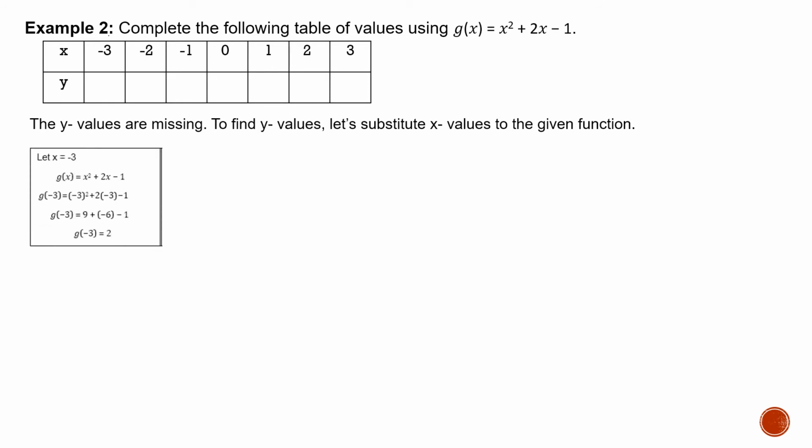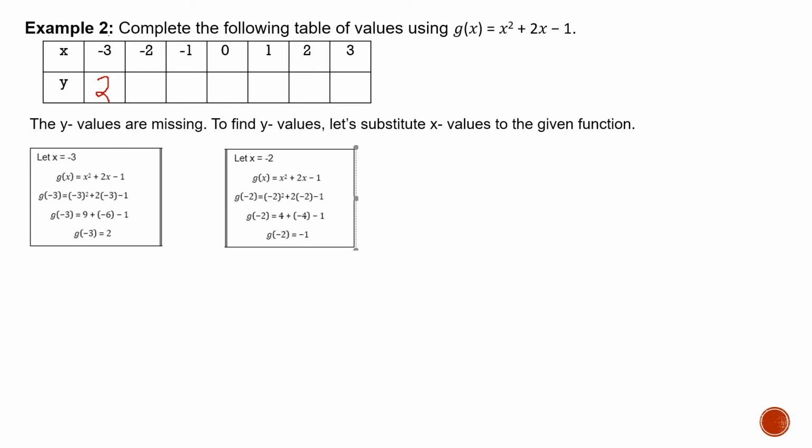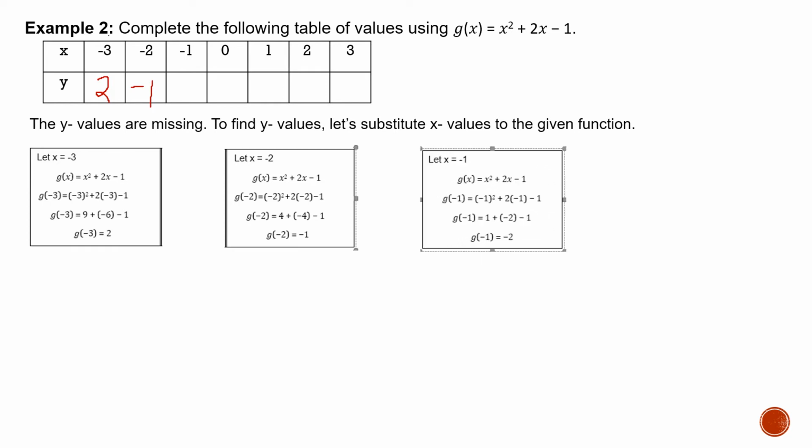If x is equal to negative 3, y is equal to positive 2. If x is negative 2, y is negative 1. If x is negative 1, y is equal to negative 2.